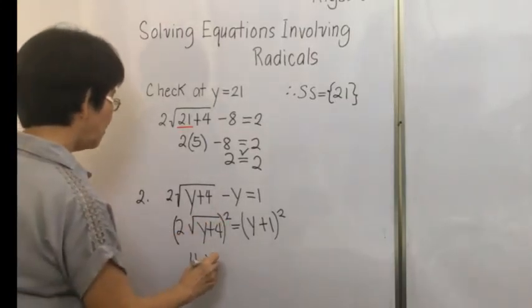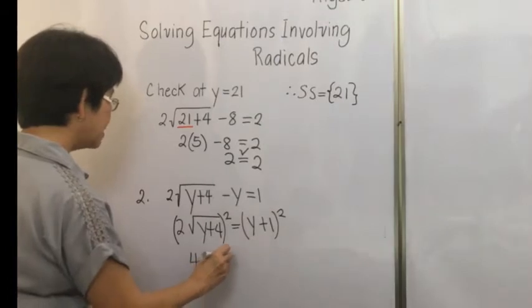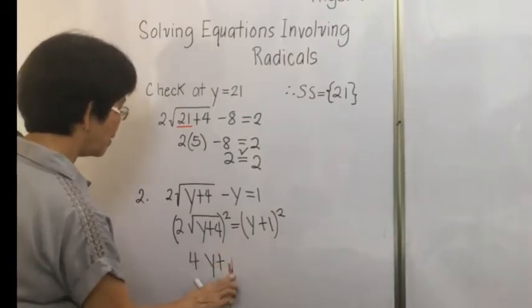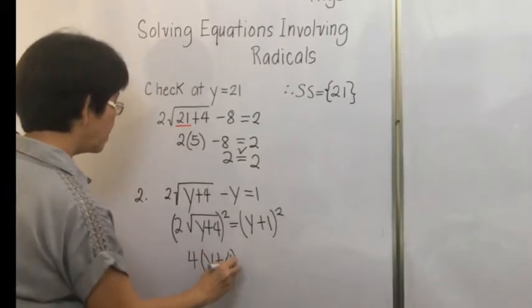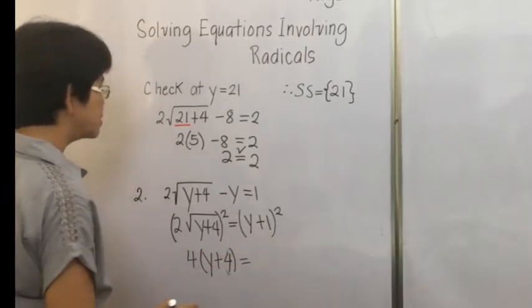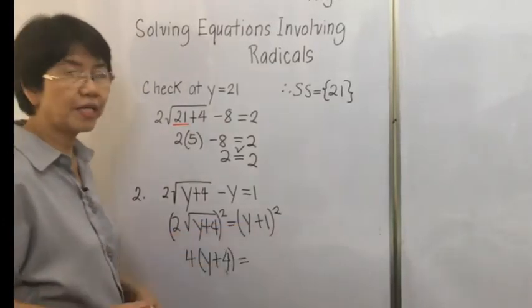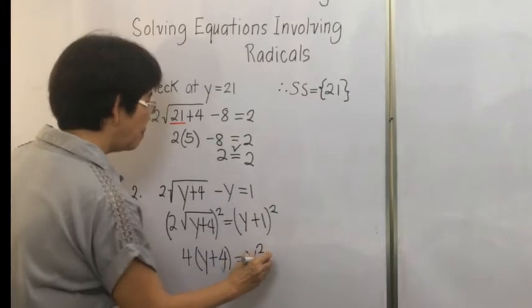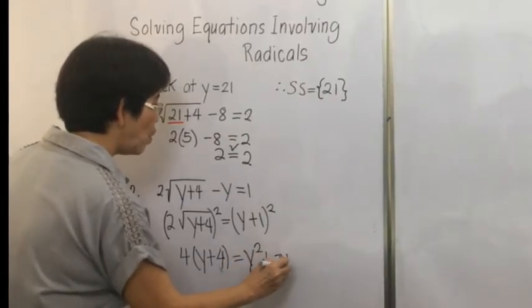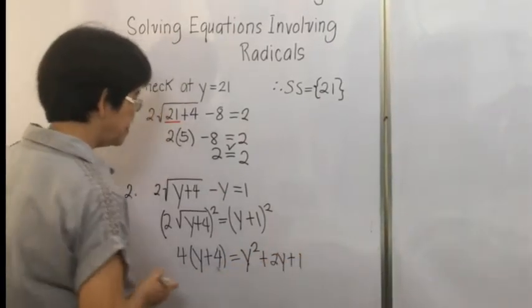So you have 4 times y plus 4, equals the square of a binomial, y squared plus 2y plus 1.